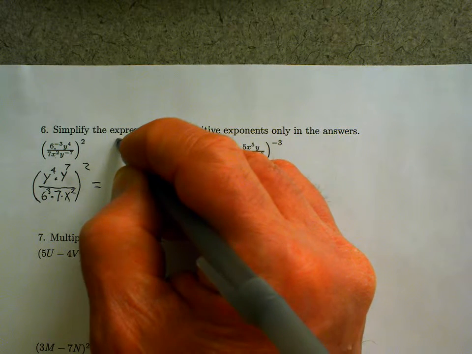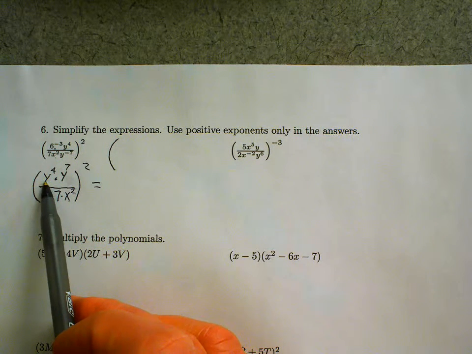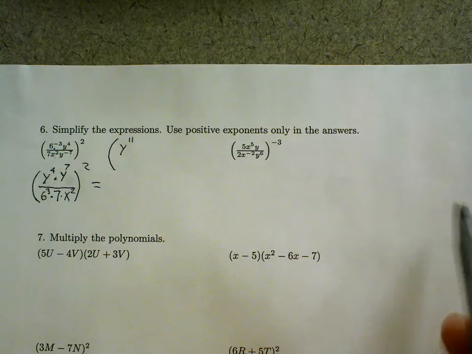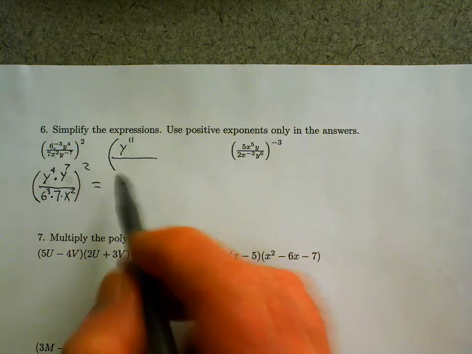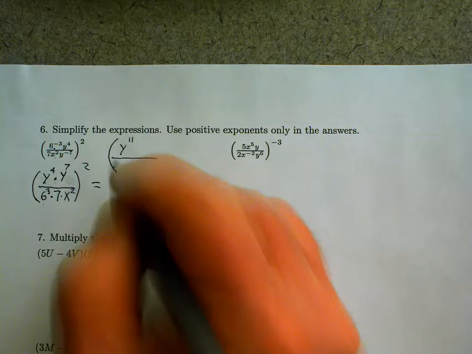So let's simplify inside the parentheses a little bit more. So in the numerator, y to the 4th times y to the 7th is y to the 11th, because we're adding the exponents. In the denominator, we have 6 to the 3rd. 6 times 6 times 6 is 216.